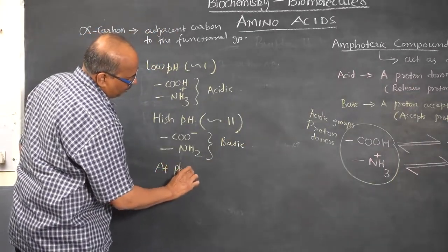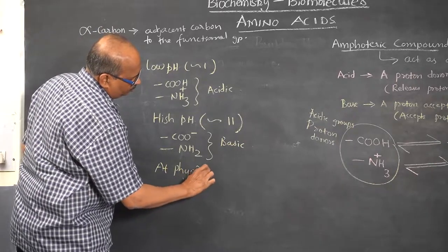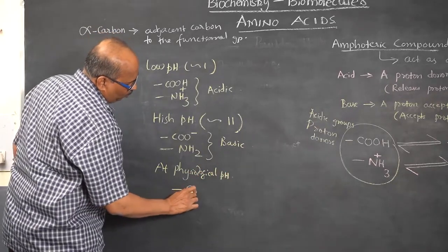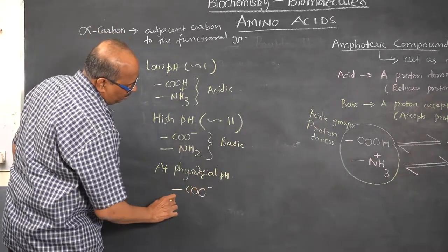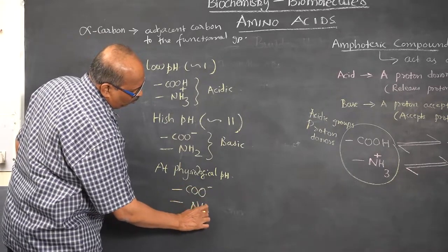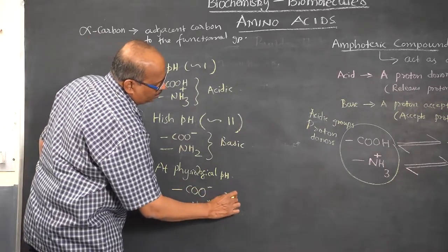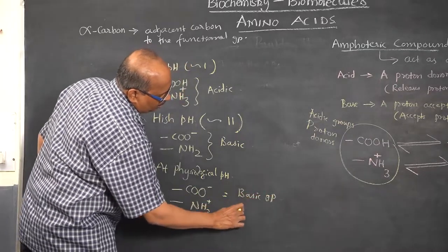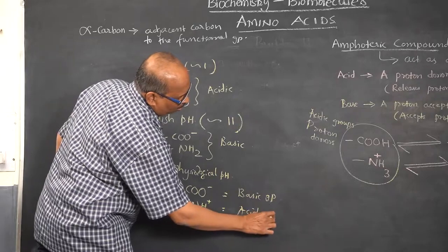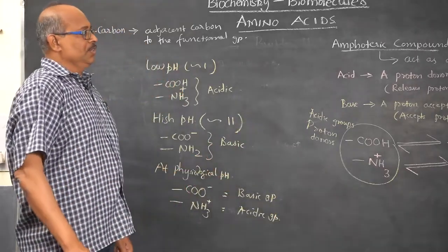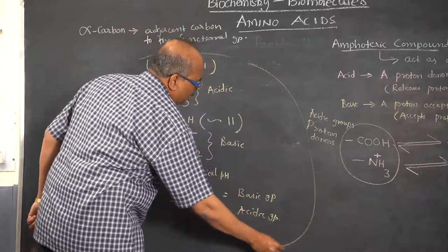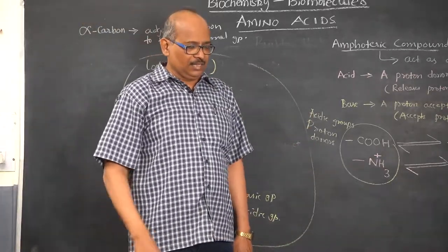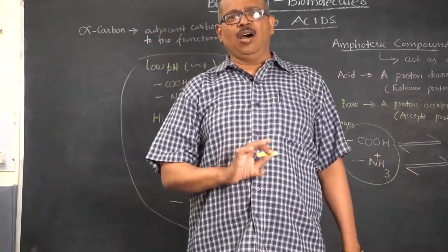At physiological pH, amino group will be NH3 plus, carboxylic group will be COO minus. That means this is the basic group, proton acceptor, and this is the acidic group, proton donor. So this is something that you have to remember: based on the pH, how you can identify whether the given group is acidic or basic.